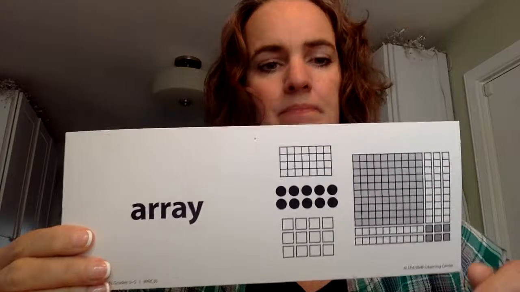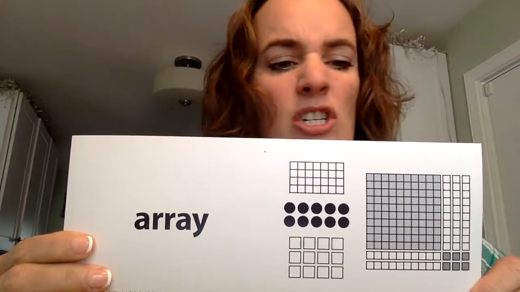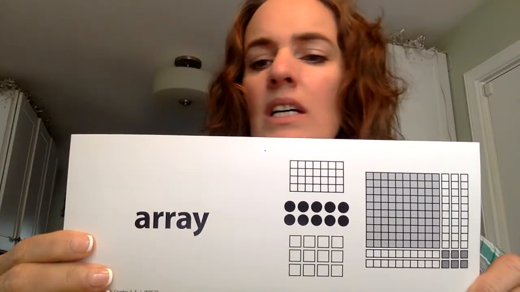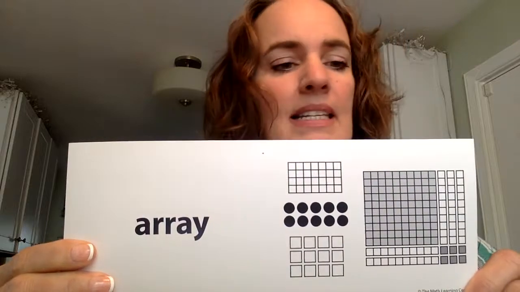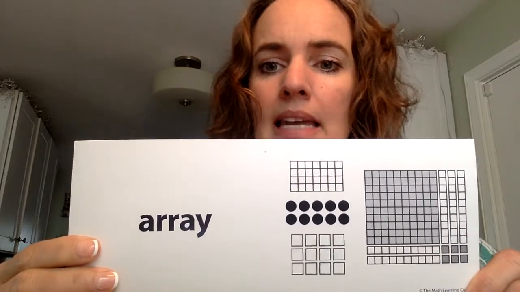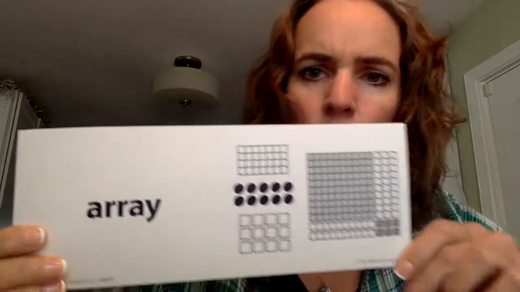I wonder if you could explain to them how arrays help us see our math thinking a little bit easier, especially with multiplication. So an array is an arrangement consisting of equal rows and equal columns.